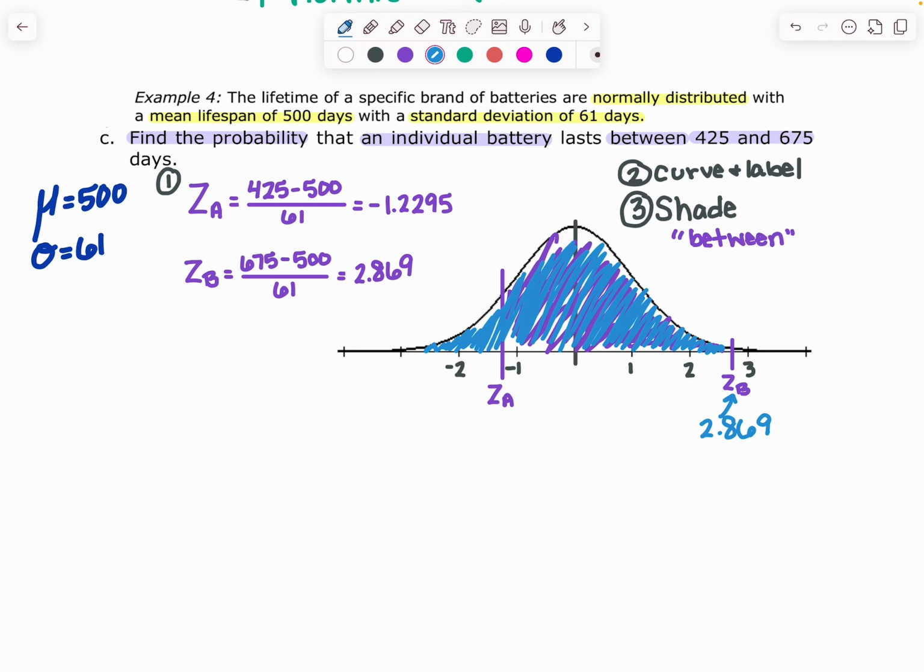So what I'm going to do is take my ZA, negative 1.2295. Everything less than ZA is that unshaded region that I did not want in my original answer. And I'm going to subtract off the probability of everything less than ZA. I'm going to do this broken down so we can see it, and then I'm also going to do it all at once so you can see how you can do it all in one.